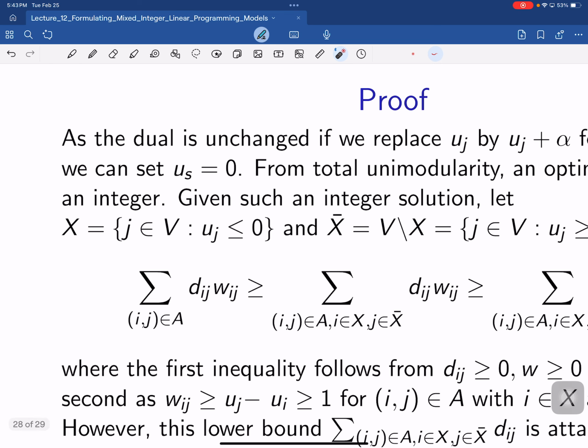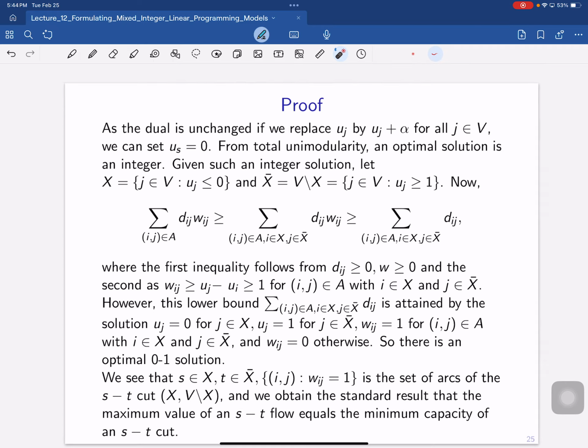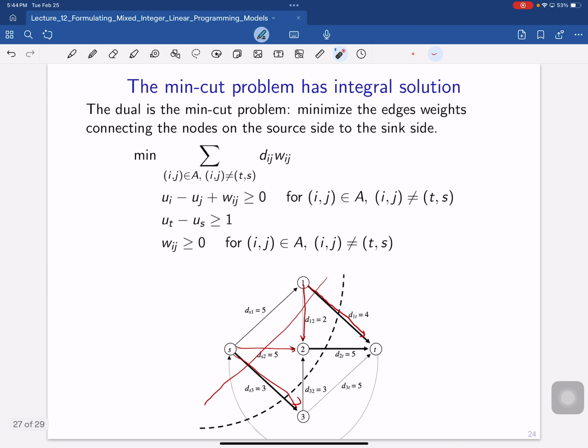One key observation here is that if you replace Uj by Uj plus alpha for all the nodes, the solution will be unchanged. If you look at this constraint, Wij is the variable corresponding to the edges in the objective.